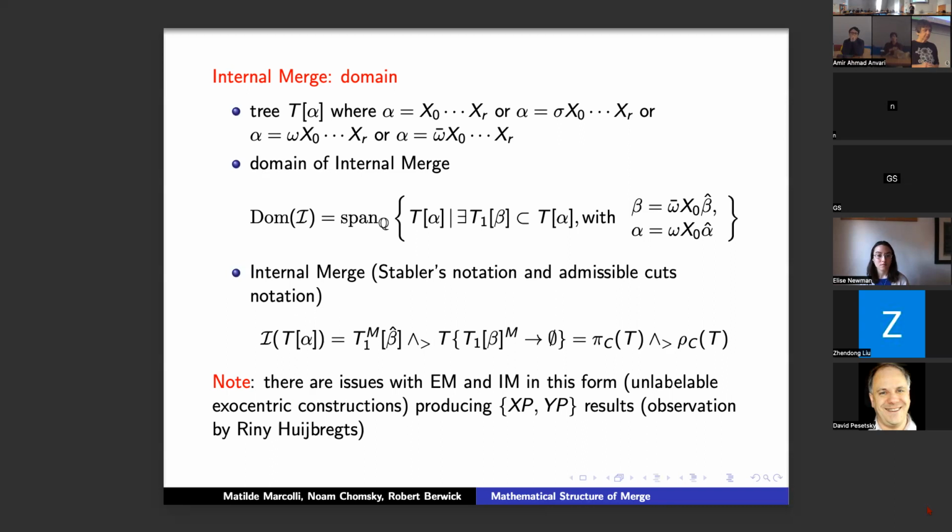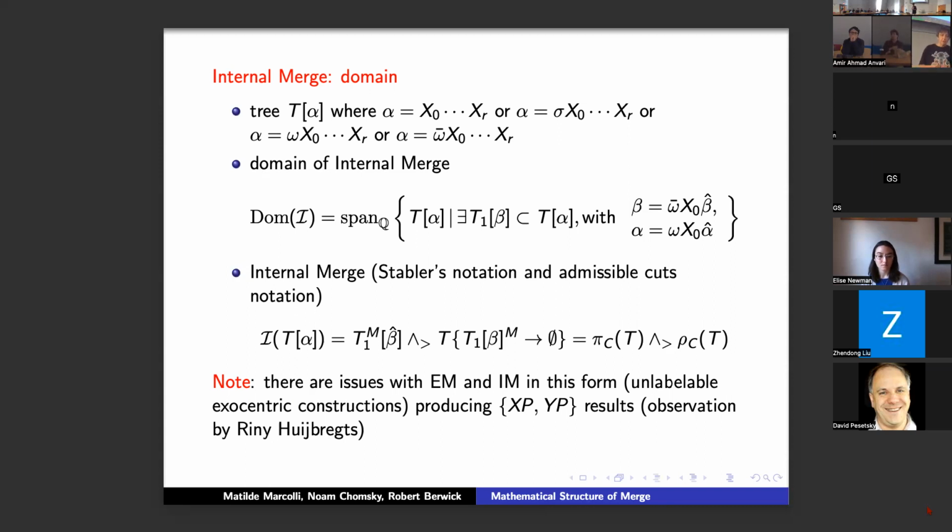You only work with trees. And then the form of internal merge, where you cut off one accessible term and move it back, if you want to describe it in terms of the coproduct of the Hopf algebra, requires some complicated algebra to see that it's not directly the coproduct anymore. It's something that is related to it, through some complicated calculation.